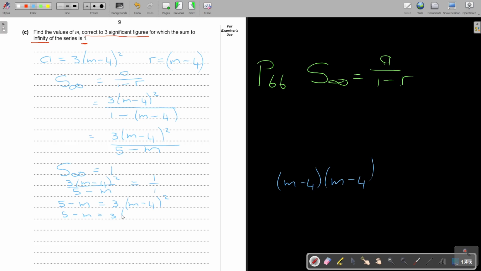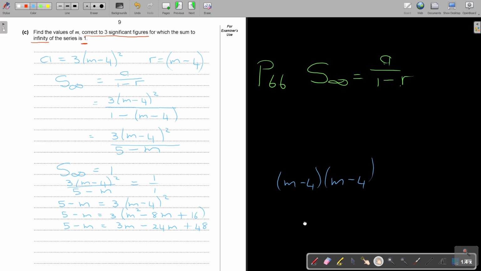Now I'm doing the short way, so m times m is m squared, negative 4m times 2 is negative 8m, plus 16. So it's 5 minus m is equal to 3m squared minus 24m, and 3 times 16 is 48.